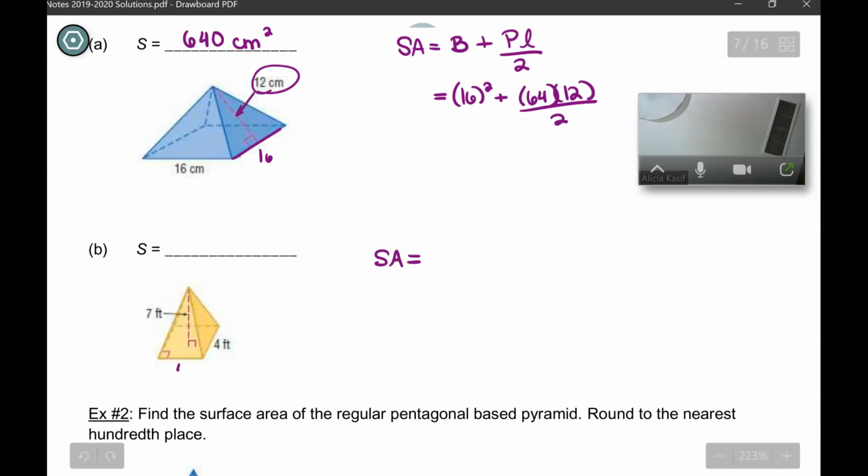Surface area, so area of the base. That's just going to be 4 times 4, which is 16. Plus perimeter of the base, so that's going to be 4 times 4 again, which is 16. Now this time I don't have the slant height. If we look here, 7 is actually the height because it goes right down the center.